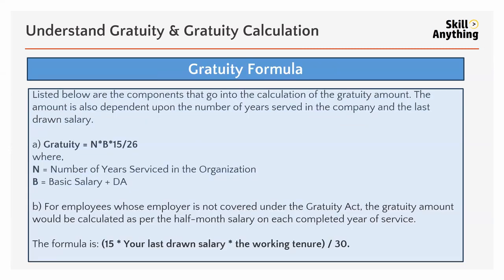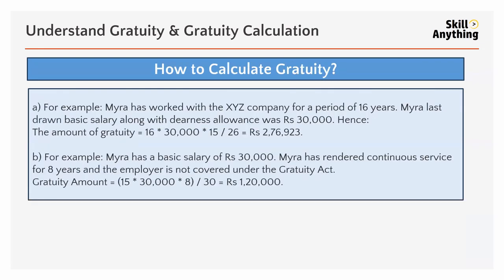And for the next formula, for an employee not covered under the gratuity: Myra is working in XYZ company, her basic salary plus DA is 30,000, and Myra has rendered continuous service for 8 years in the same company.